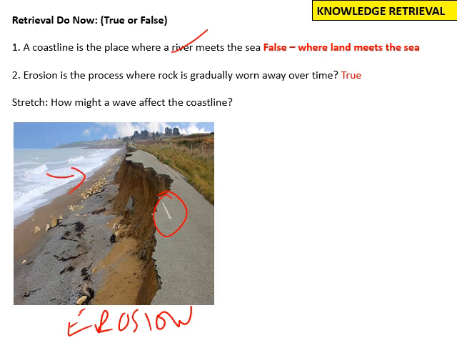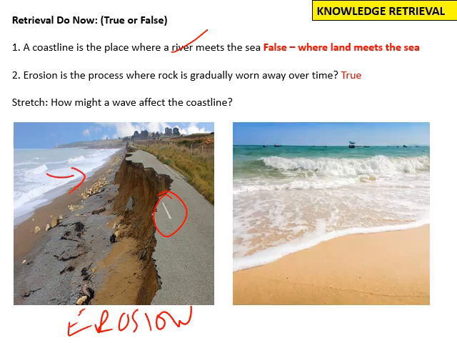But also, what you may not be aware of is waves can create new beaches. If a wave is carrying sand and deposits the sand here, it can create new beaches. So we do have different features on our coastline created by waves.